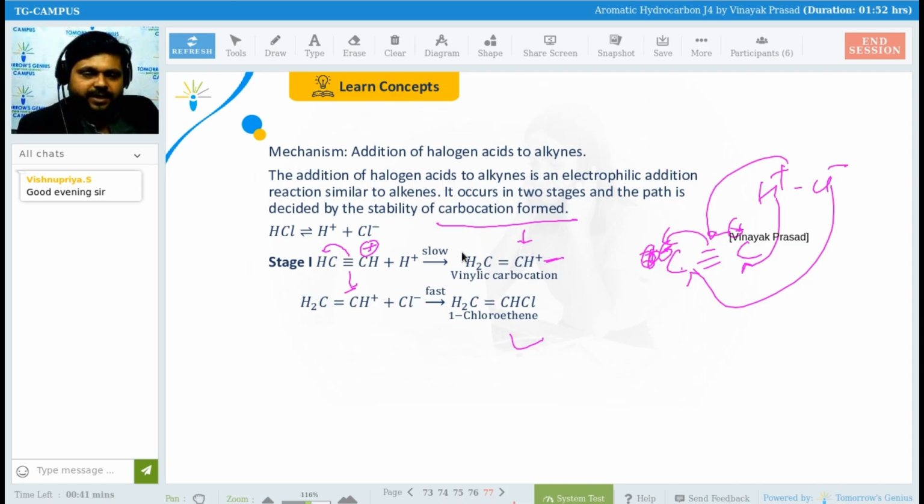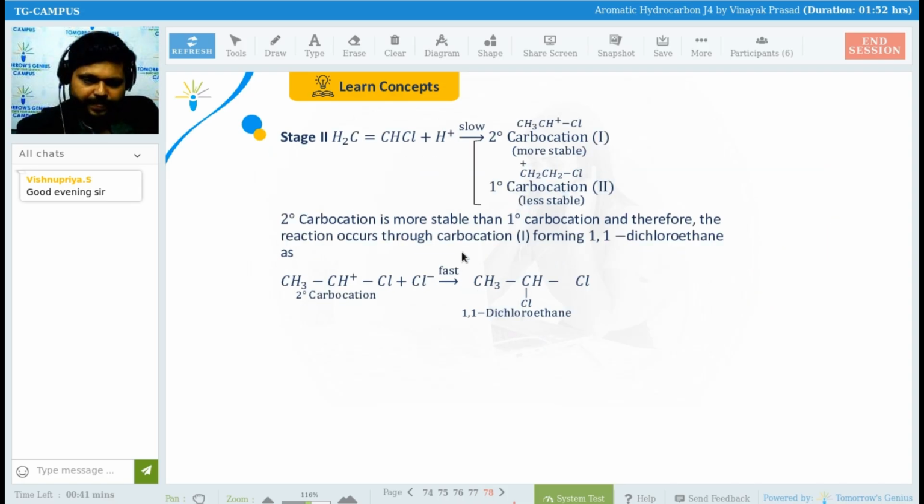So this is the addition reaction mechanism. Getting my point? Clear everyone? We also have to check which carbocation is more stable. Based on the carbocation stability, that will be the major product. A higher carbocation stability, like a higher degree carbocation, gives the more stable compound.